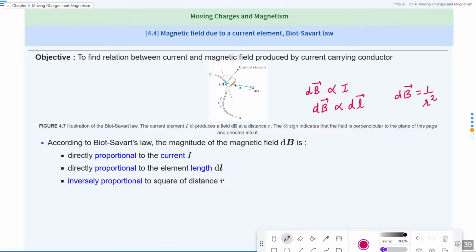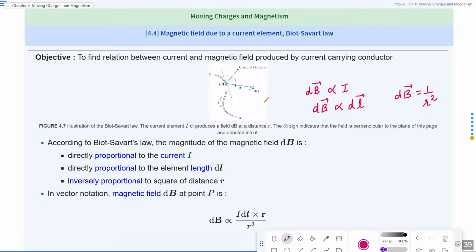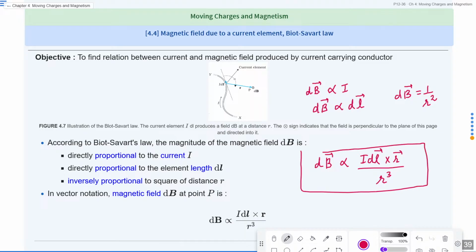So that distance is the magnitude of that position vector from that current element to that point P, where we want to find the magnetic field. And combining all the proportionalities, you will get dB is proportional to I dl cross r upon r.